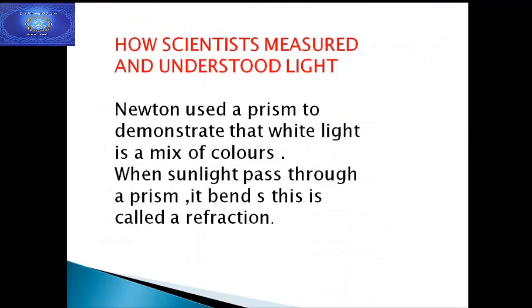How scientists measured and understood light. There were many scientists who tried to understand light and explain how the rainbow forms. We have many scientists who explained the rainbow, but most of their explanations were wrong.